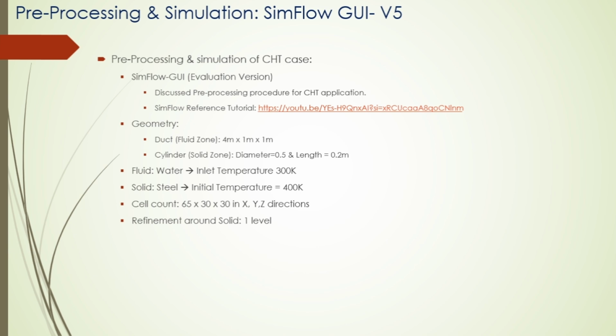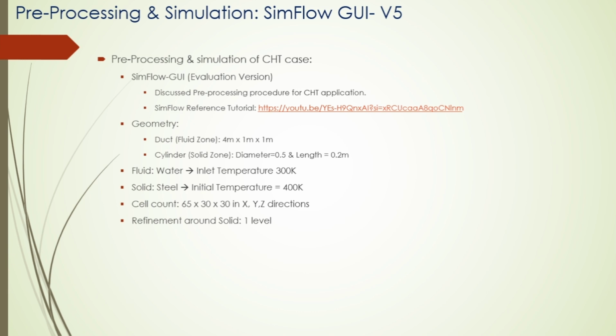Now compared to the setup procedure for single region, the procedure for conjugate heat transfer case includes additionally generating mesh for different regions, creating subregion groups such as fluid and solid, linking of interface between regions, and updating operating parameters for each region separately. While setting up the case, I will discuss this further.